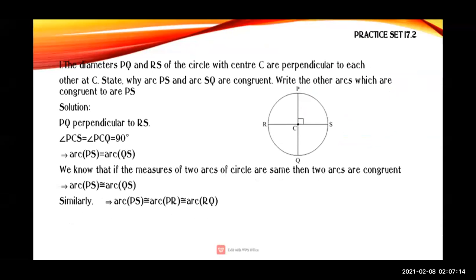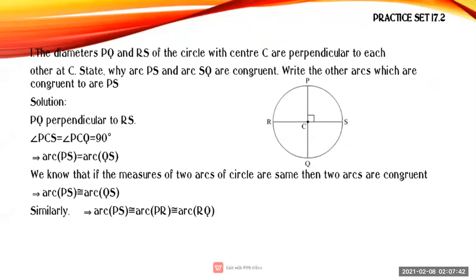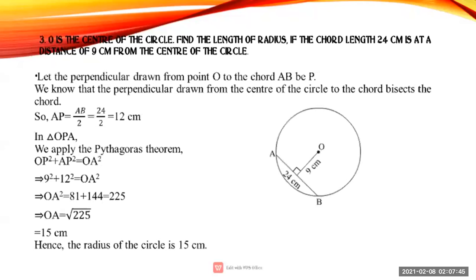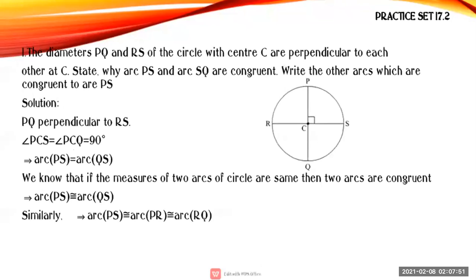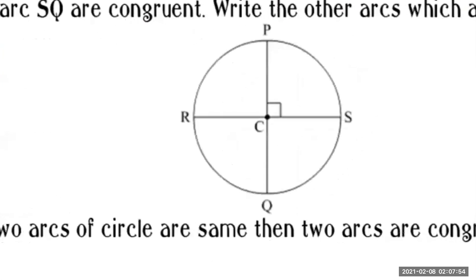Okay. Now practice set 17.2, question number 1. The diameters PQ and RS of the circle with center C are perpendicular to each other at C. See the figure.